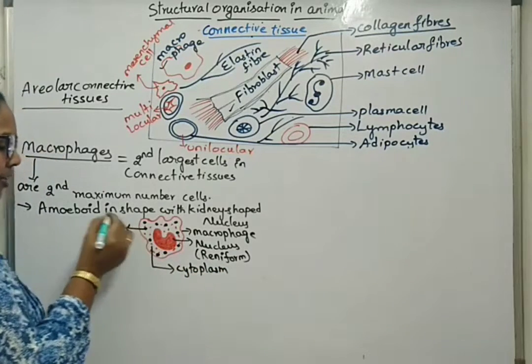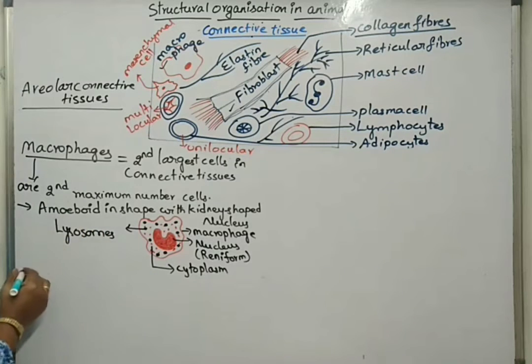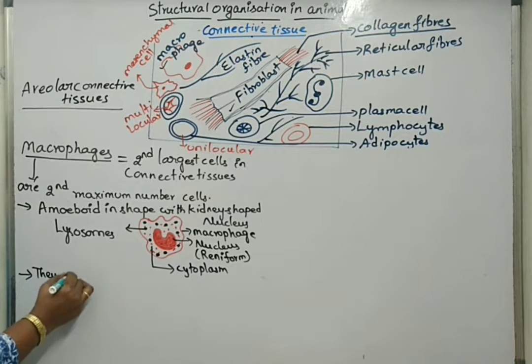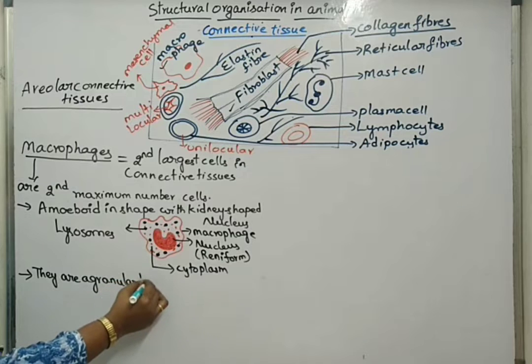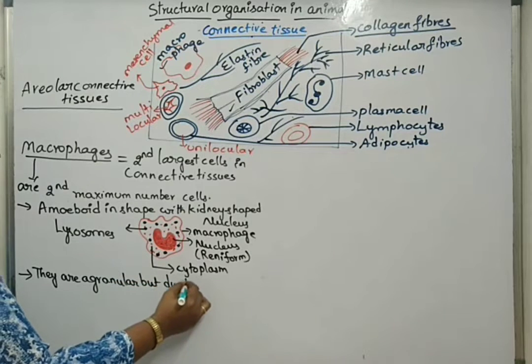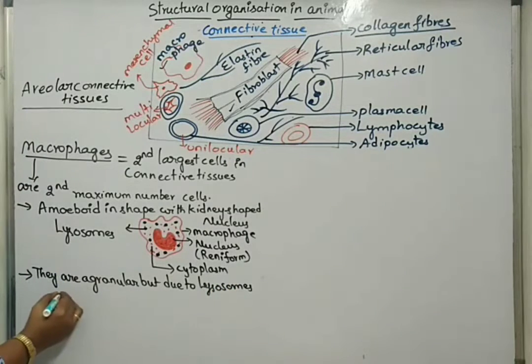These black color dots we can label as lysosomes. So we will write one point regarding this. They are agranular but due to lysosomes appear as granular.